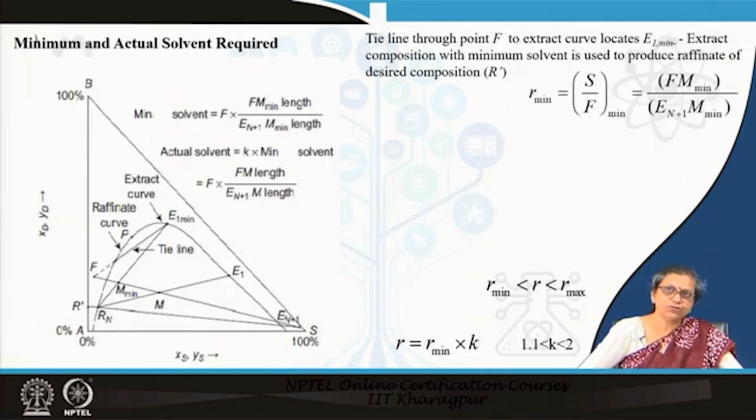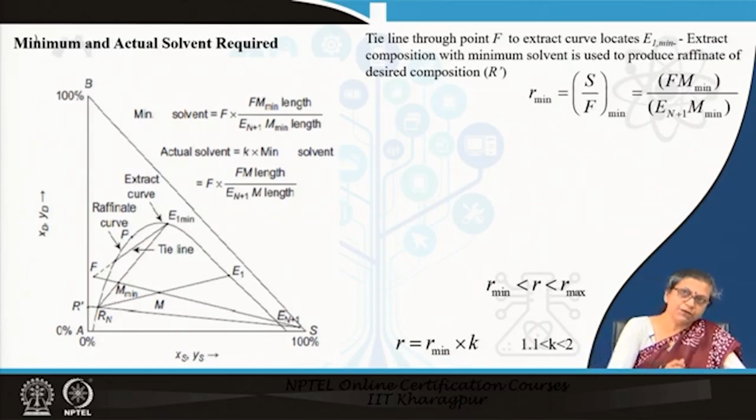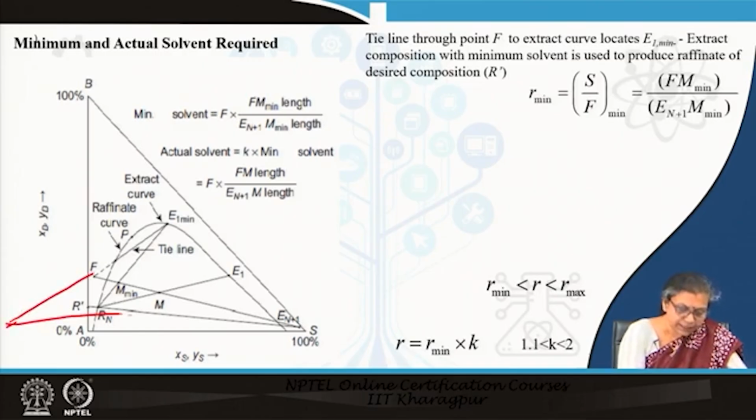In this case also, can you tell me what is going to define the minimum solvent? The minimum solvent is going to be decided from delta, if you have located delta in this particular way, sorry, this Rn En plus 1, wait, it has become slightly clumsy, very sorry.